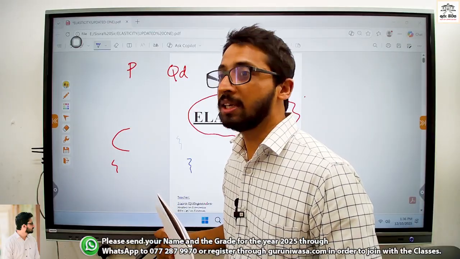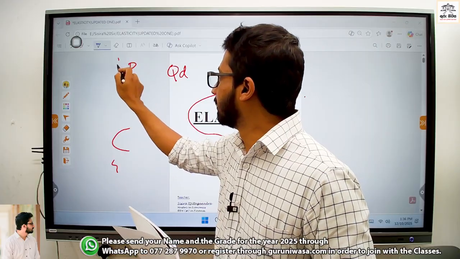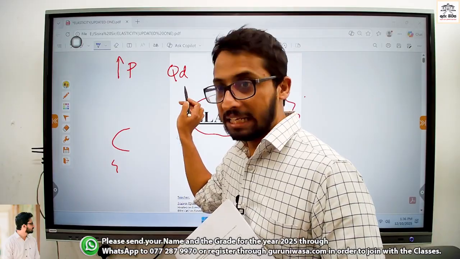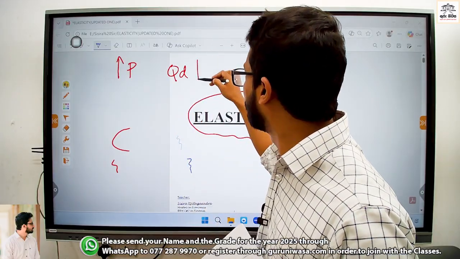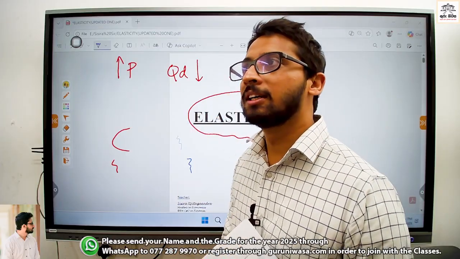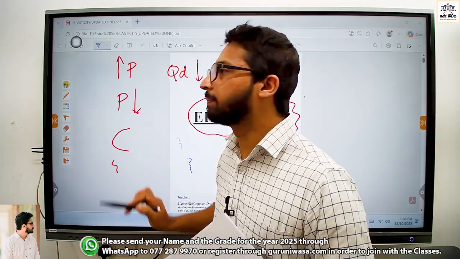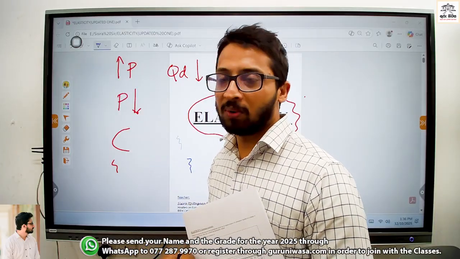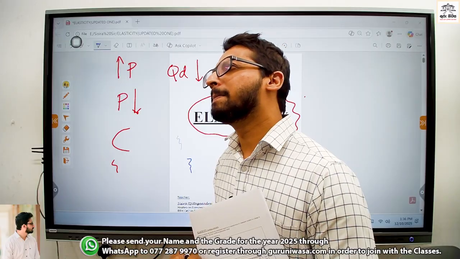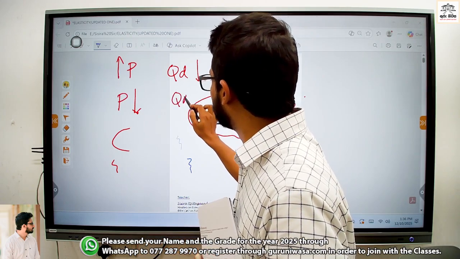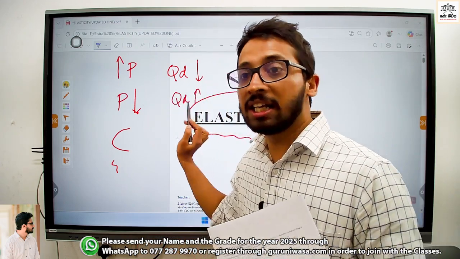When price increases, what happens to quantity demanded? Decreases. According to the law of demand, quantity demanded falls. When price falls for a certain product, what happens to quantity demanded? Increases. Very good.